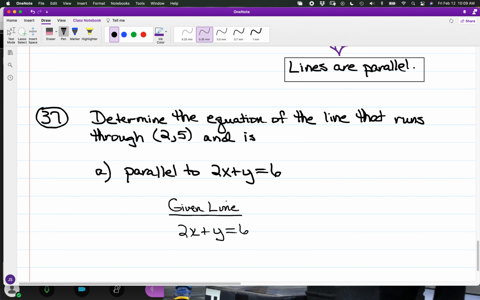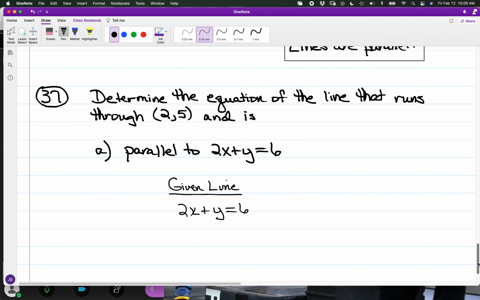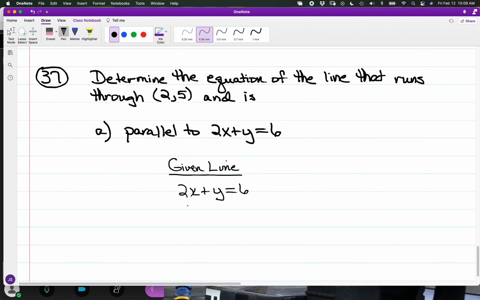And if I convert this equation into the slope-intercept form, so we have taking 2x away from both sides, so we have that y is equal to negative 2x plus 6.